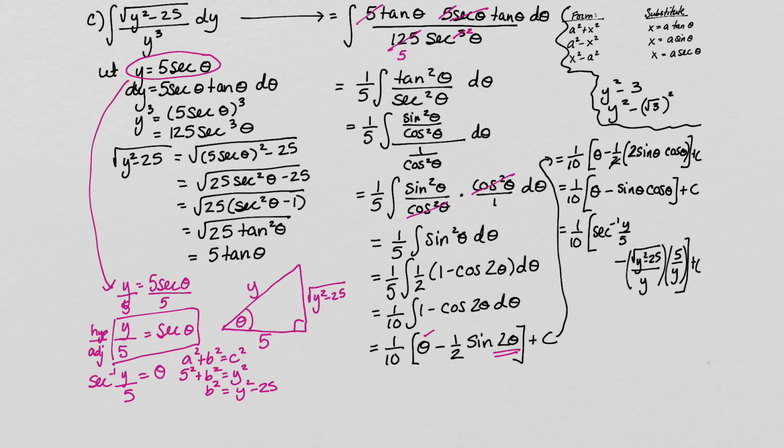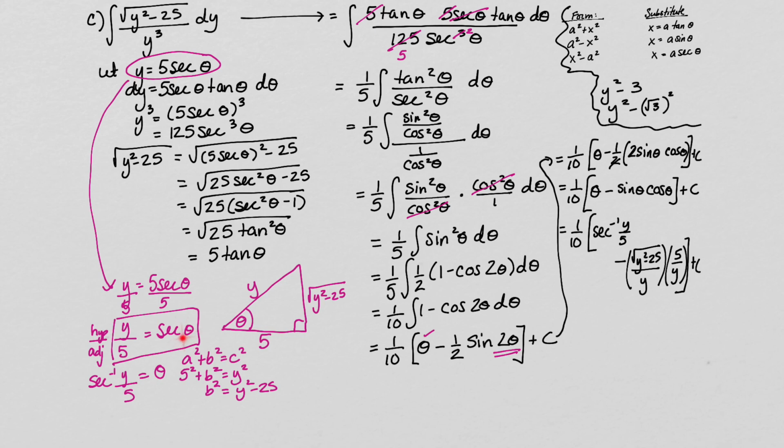Yes, ma'am. Okay. So over here, the first part, this theta to get the inverse secant, the thing I did here is I went back to that original, the part I used to make the triangle, right? I know that the secant theta is y over 5. So from my triangle, I'm trying to figure out theta.